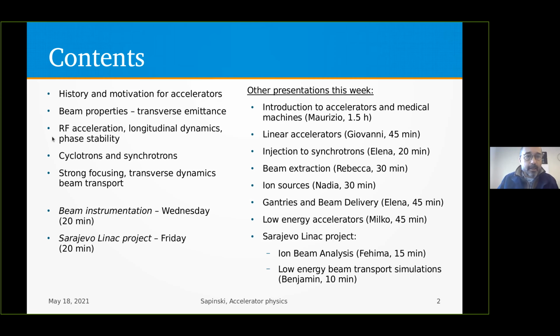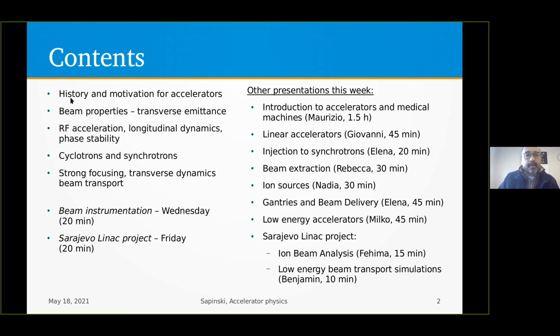So the presentation, what I'm going to talk about now is here on the left. I hope you see my mouse. I will introduce a little bit of history of accelerators and motivate why we need them, not only in medicine, but also in science and in the industry. Then I will talk about the beam properties, what is a beam and what are the properties.